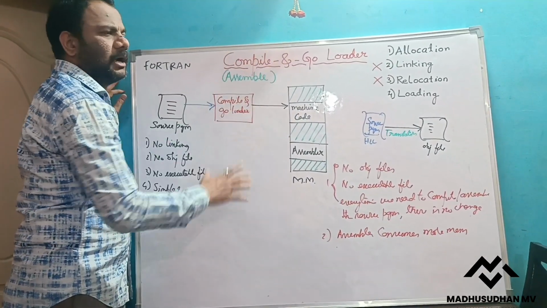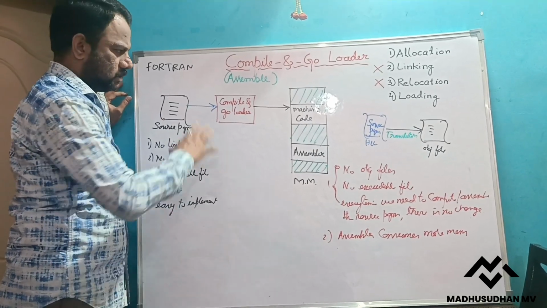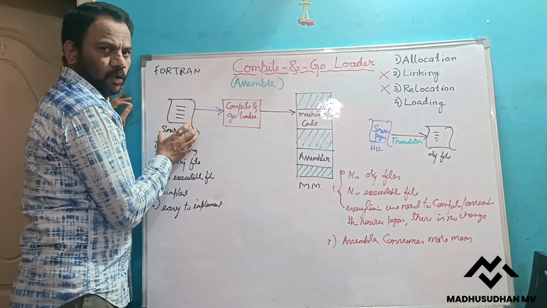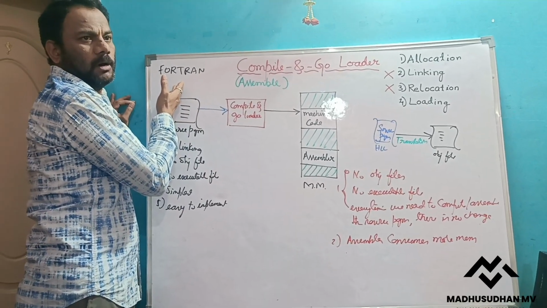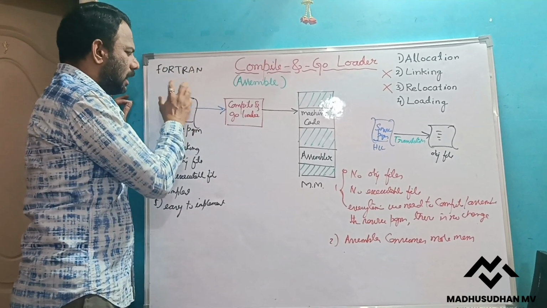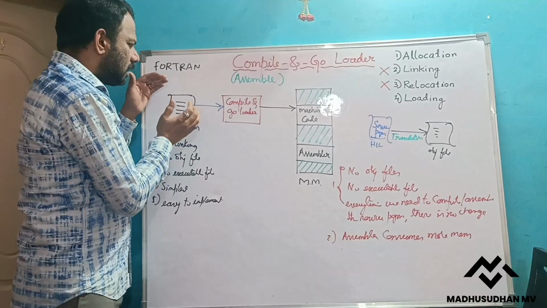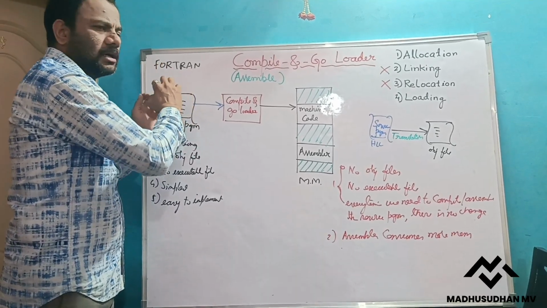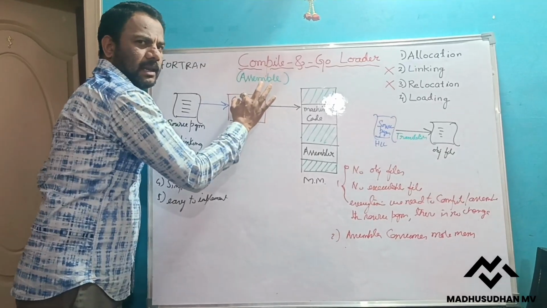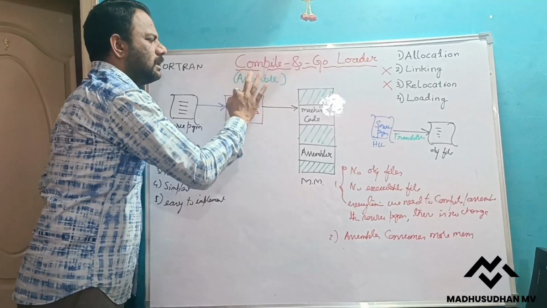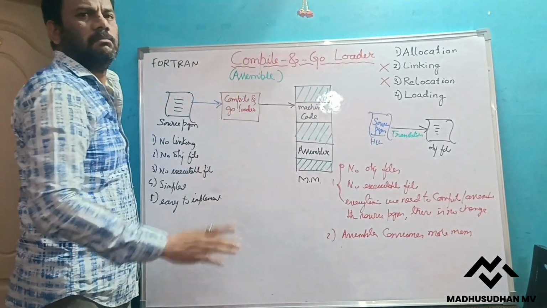Now, how does this compile and go loader do the task? We give it a source program; at that time we only had programming languages like Fortran, Pascal and COBOL. It does not generate an object file and does not convert the entire program. It takes only one instruction, compiles it, converts it into machine language, and that machine code is stored directly in the main memory.